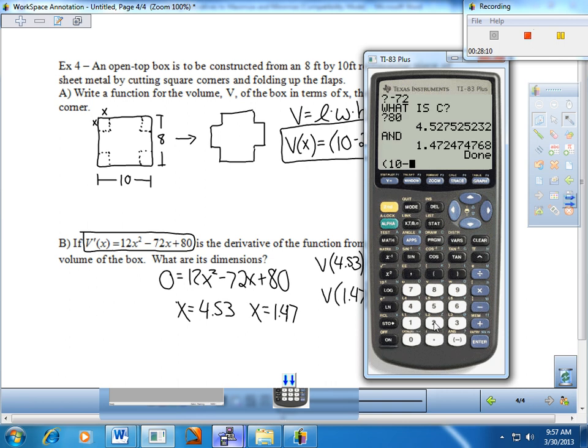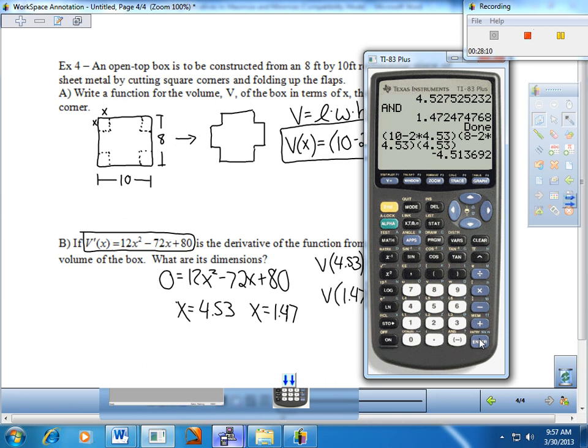So again, I've got 10 minus 2 times 4.53, and then 8 minus 2 times 4.53, and then times 4.53, give or take. Close them.